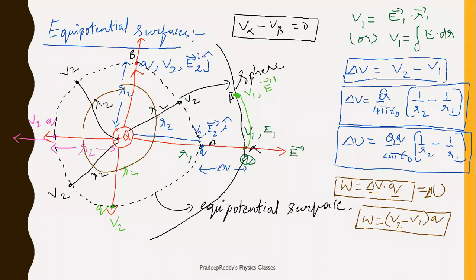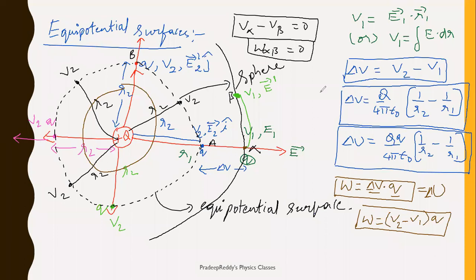At beta also you will have the same potential because it is at the same distance R1. Therefore, delta V is equal to 0. If delta V is equal to 0, what about W alpha beta? This is also equal to 0, because W is equal to delta V into Q. Delta V is V alpha minus V beta, which is equal to 0. Work done is equal to 0.